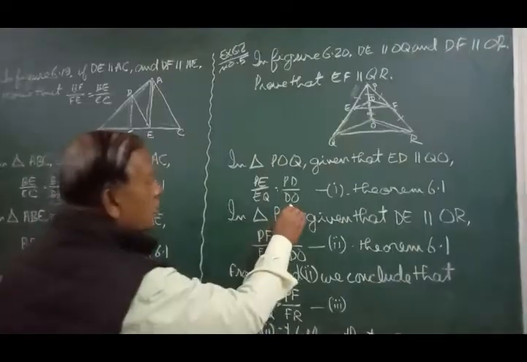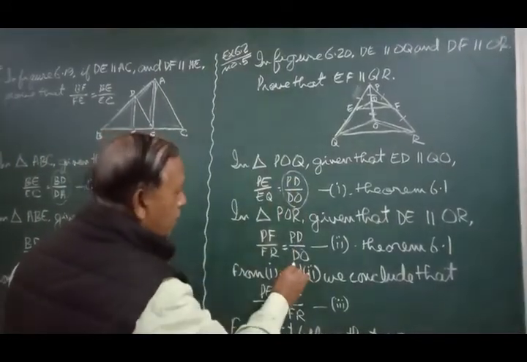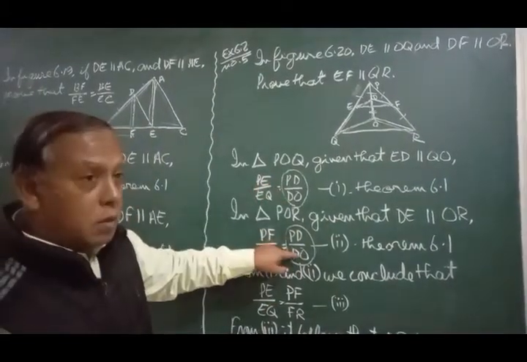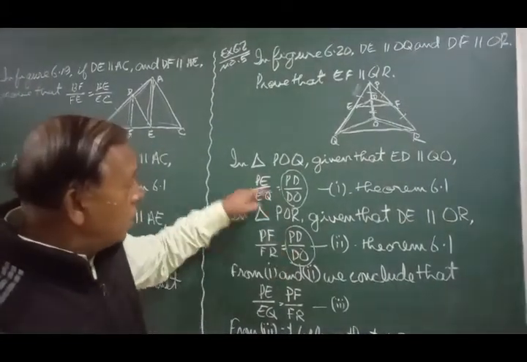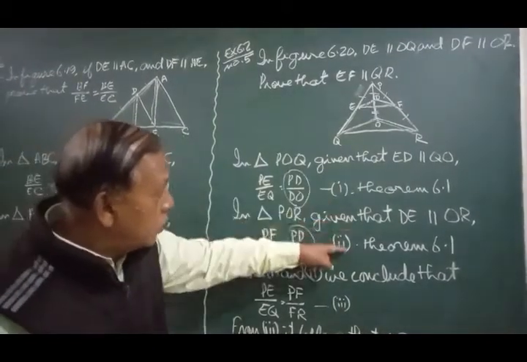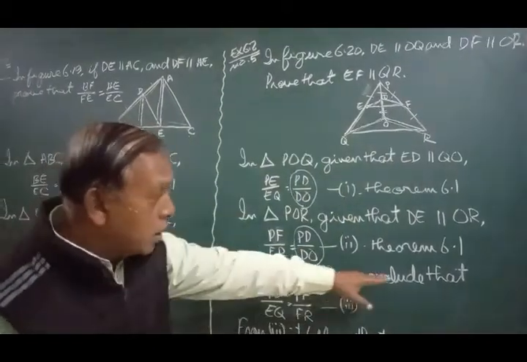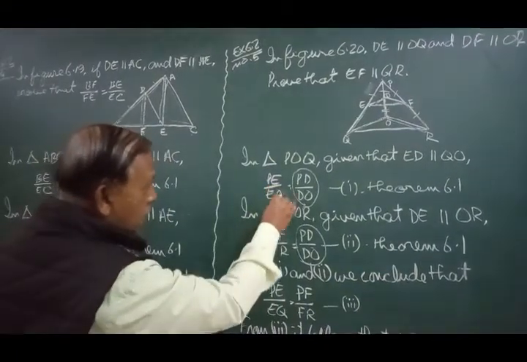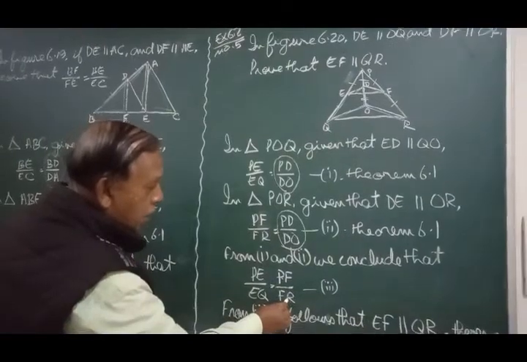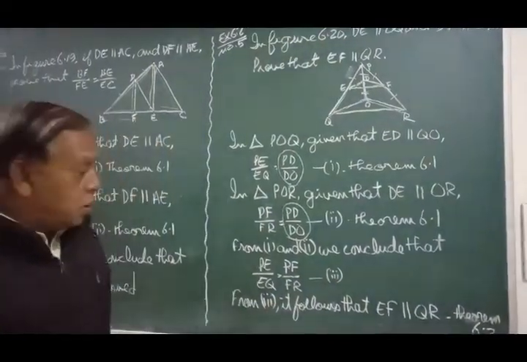Now look at this. You notice that these two are common, and therefore which means these two also will be equal. So we say from 1 and 2, we conclude that PE upon EQ is equal to PF upon FR, and that is our third conclusion.